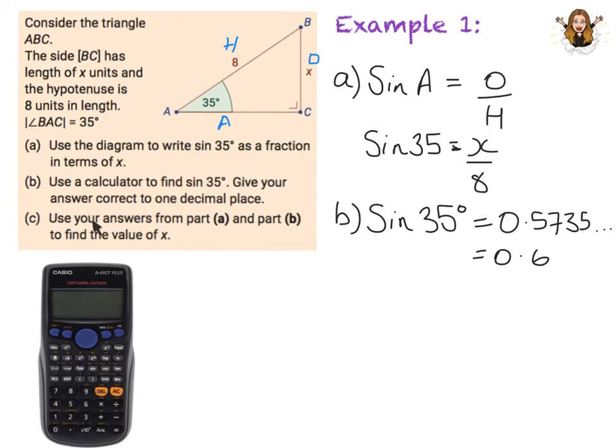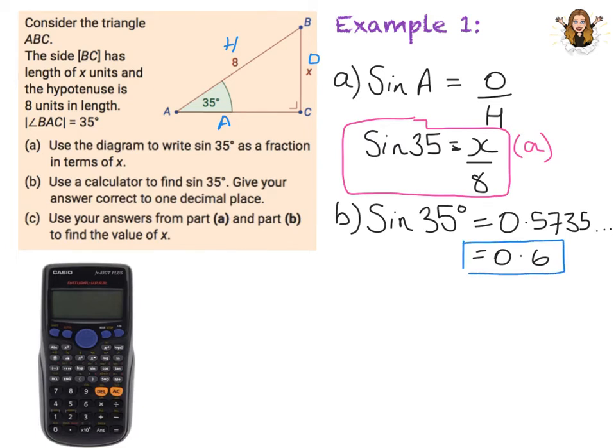Now, use your answers from part A and part B to find the value of x. So you're actually only doing algebra here. So your answer for A was this. This was A. And your answer for B was 0.6.